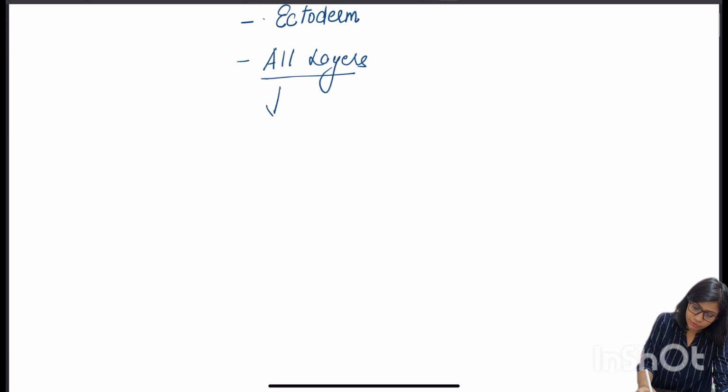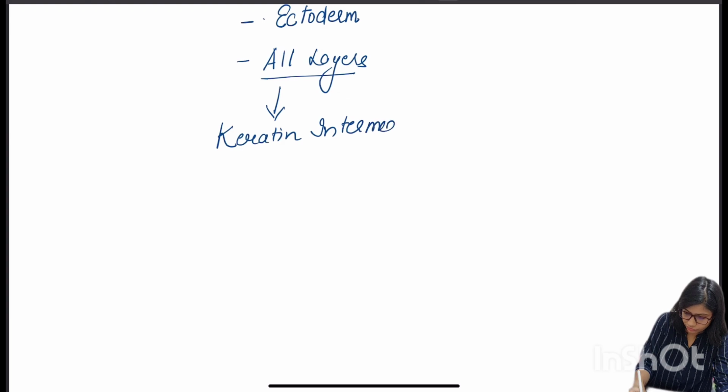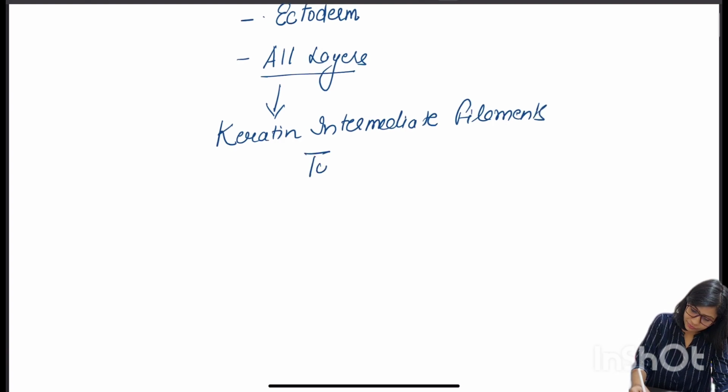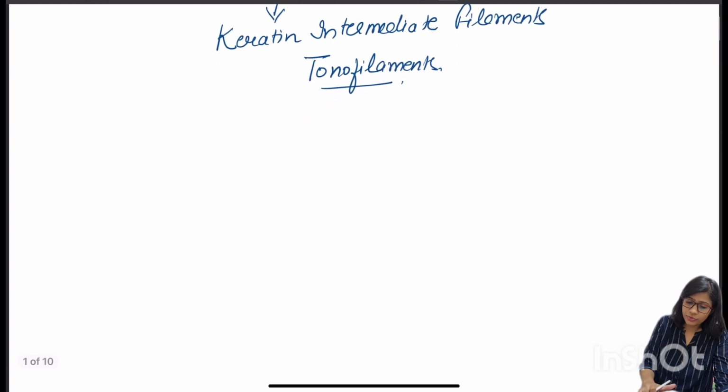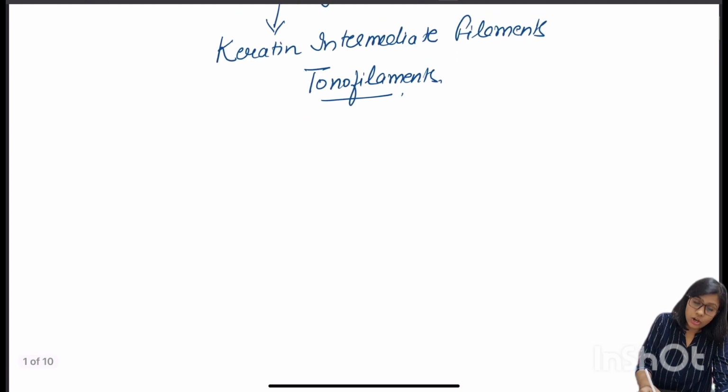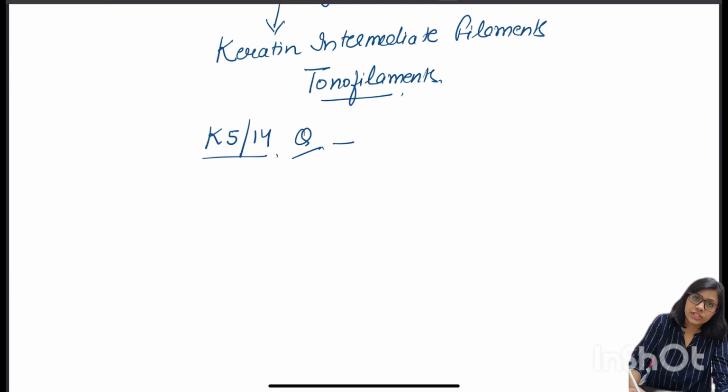They are composed of keratin intermediate filaments, which is also known as tonofilaments. At times, we are asked about these keratin filaments. Out of all, keratin 5 and 14 are important, and these are present in stratum basale.